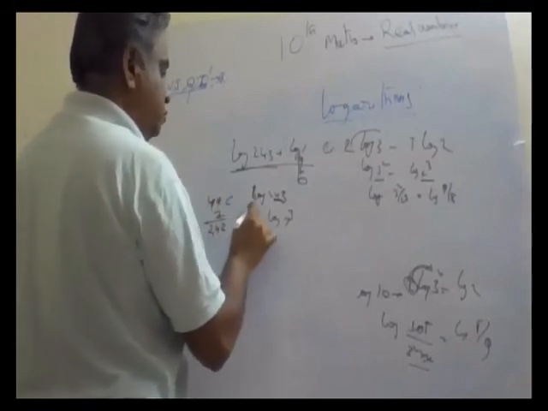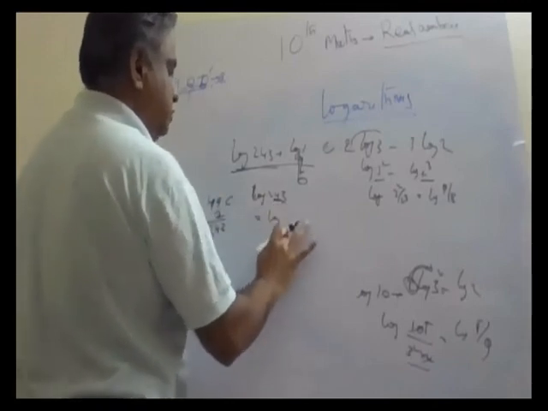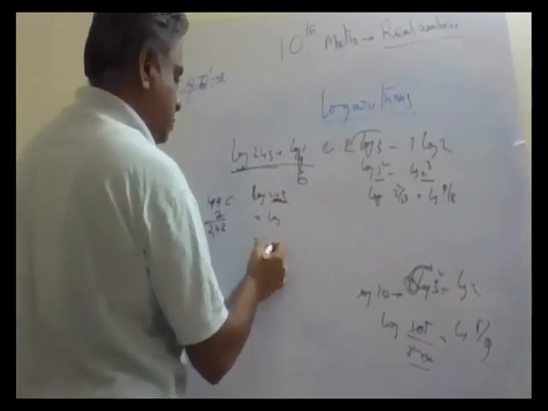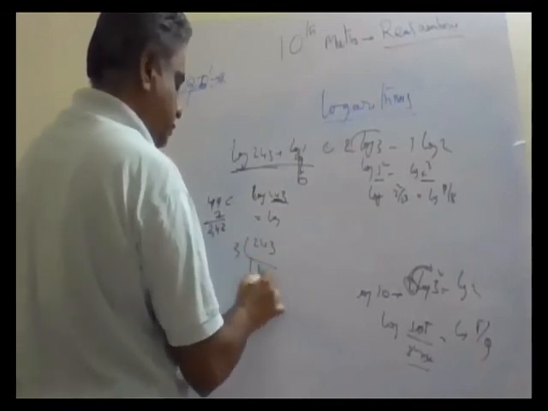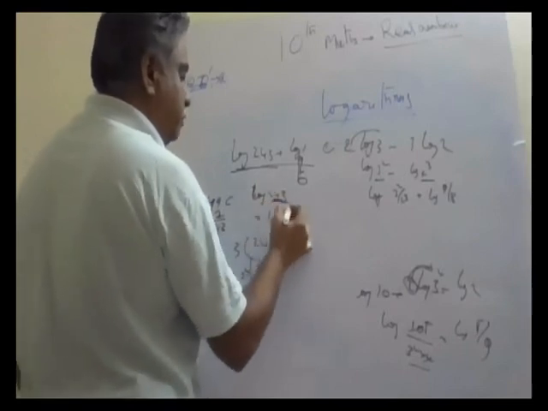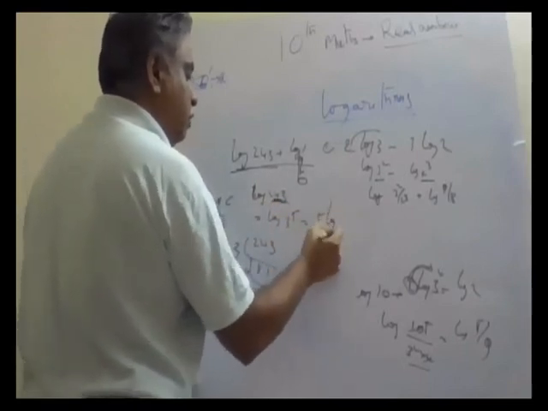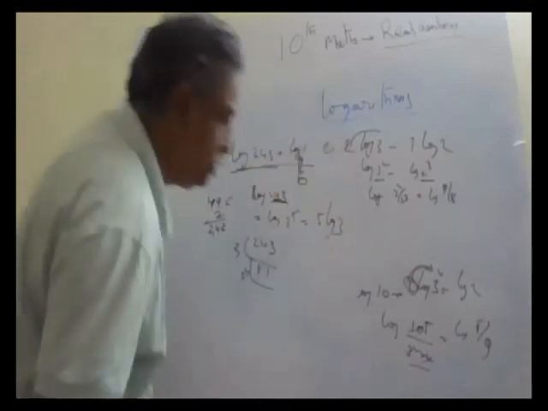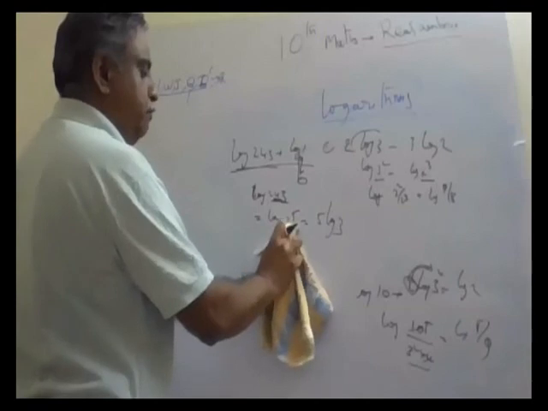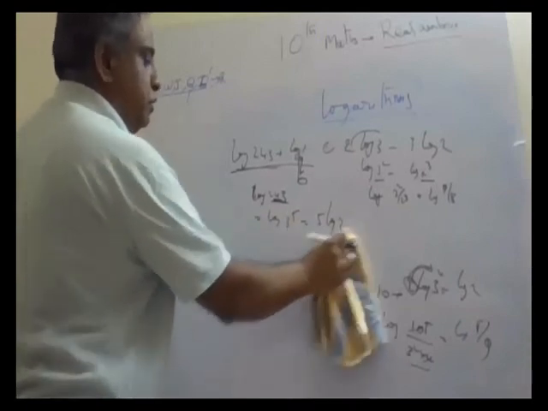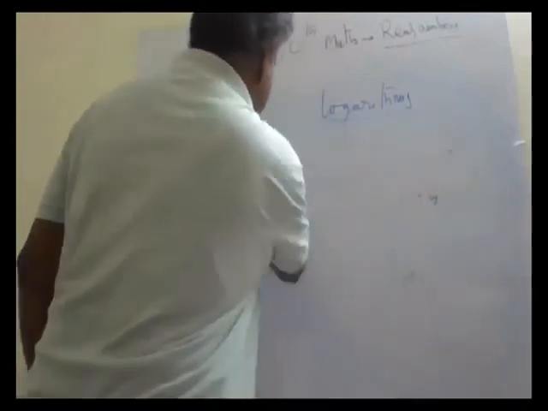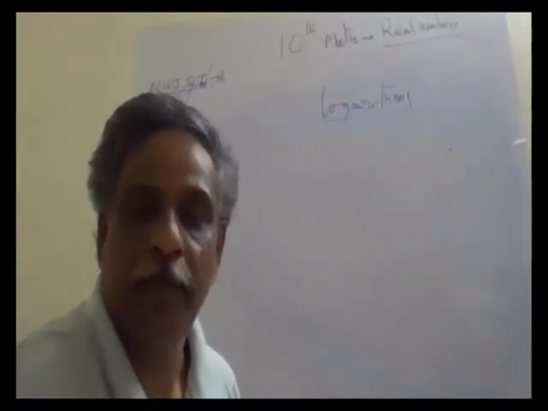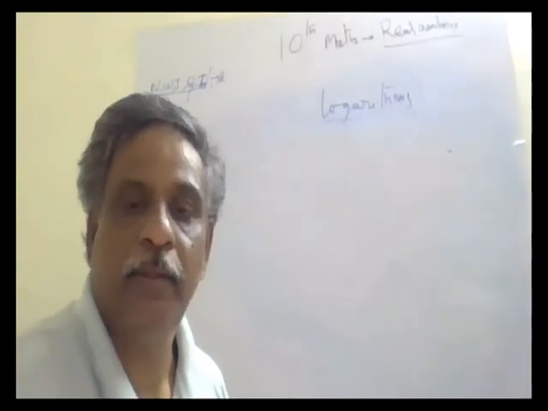It is something 3. Let us see. 3 8s are 24, 3 1s are 3. This is 3 to the power of 4, so this is 3 to the power of 5. That means log 243 is 5 log 3, or log 3 to the power of 5. 5 comes to this side, 5 log 3. So this we have converted to simple form.